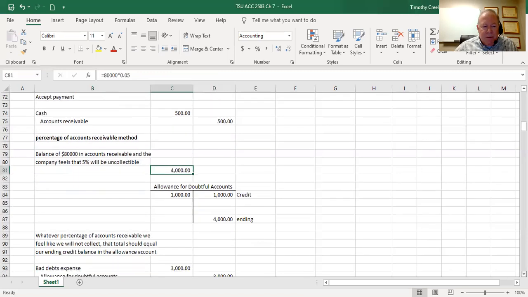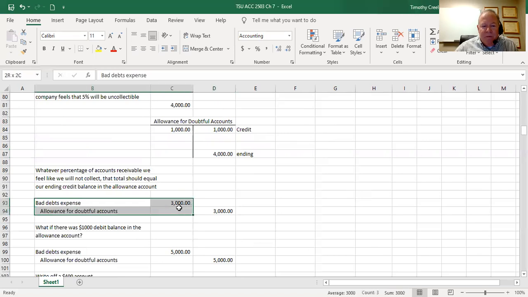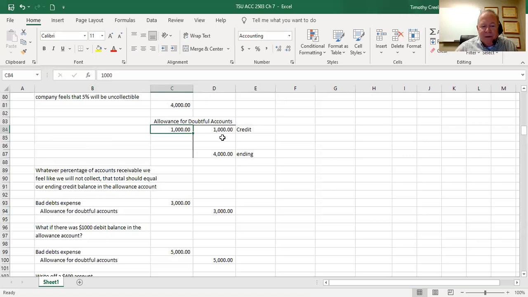Now, let's come down here. If we had a $1,000 credit balance in the allowance account and we needed to make it 4,000, then we would just debit bad debts expense for 3,000 and credit the allowance for doubtful accounts for 3,000. Now, what if there was a $1,000 debit balance in the allowance account, like this example here? Then that means we would have to credit it for 5,000.